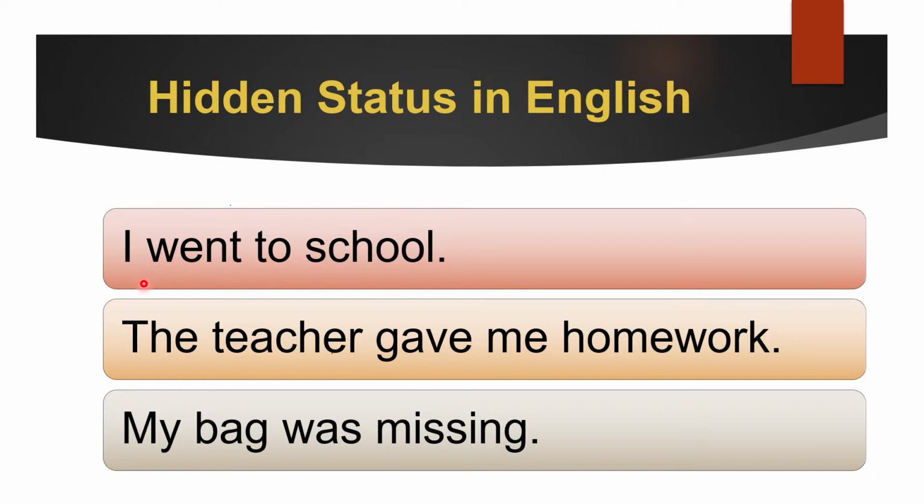Does that make sense? Or can I say the teacher gave I homework? That doesn't make sense, right? It's as if I, me, and my have a place in English. This is kind of what Arabic is. It's the same word: I is also me, and my is also me. But each word is used in a different way. That's what status is in Arabic, and this is a hidden status which is there in English.